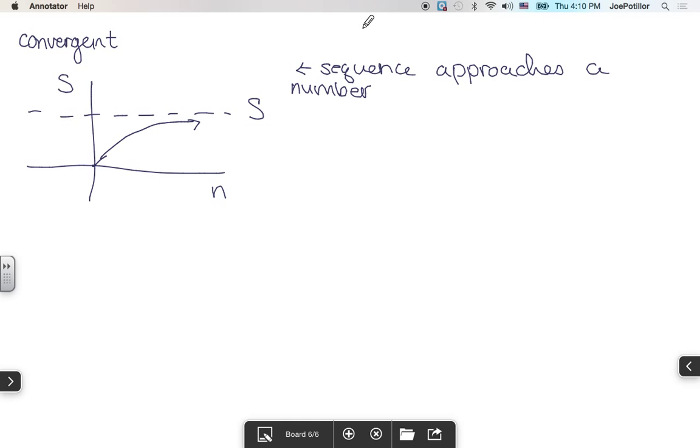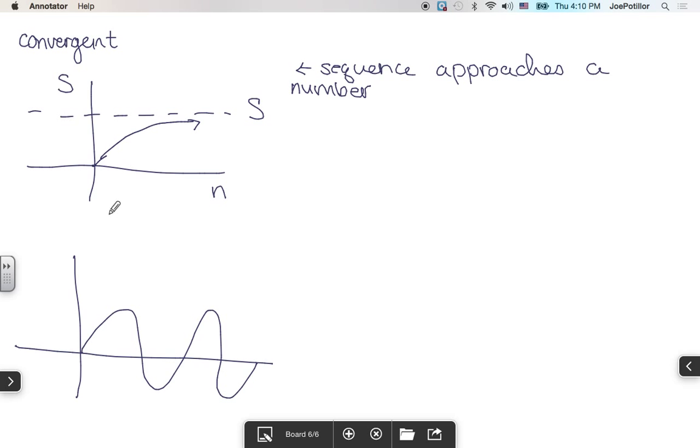Or I'm looking at it as a piece of something. If I have something like this, some wave, I could also be convergent if I'm looking at a piece from, say, here to here. This is my sum. This is once again my n.